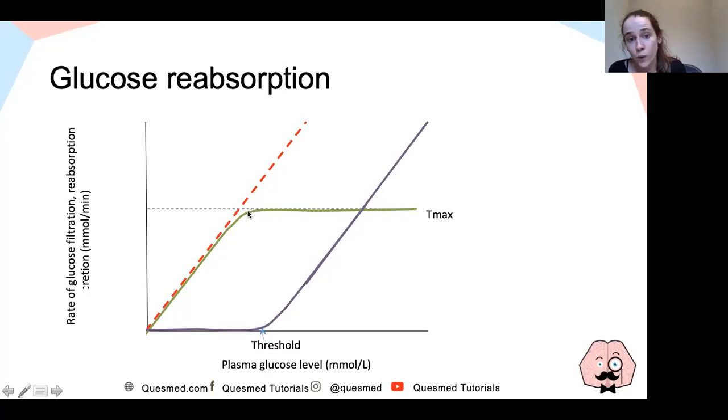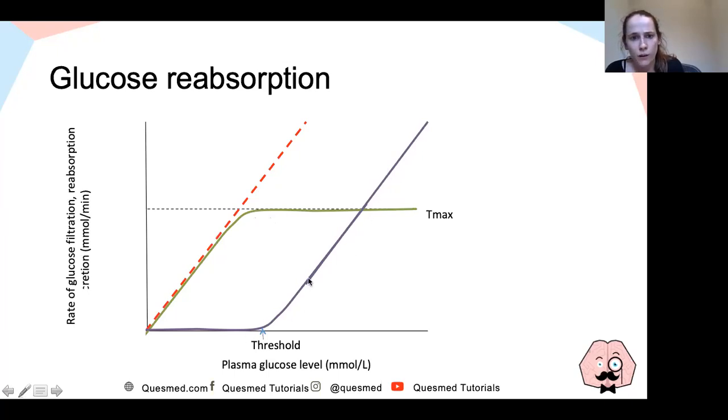Despite the fact that we're at the maximum glucose reabsorption, more and more glucose is getting filtered, so the glucose that's being filtered but not being reabsorbed is then excreted into the urine.